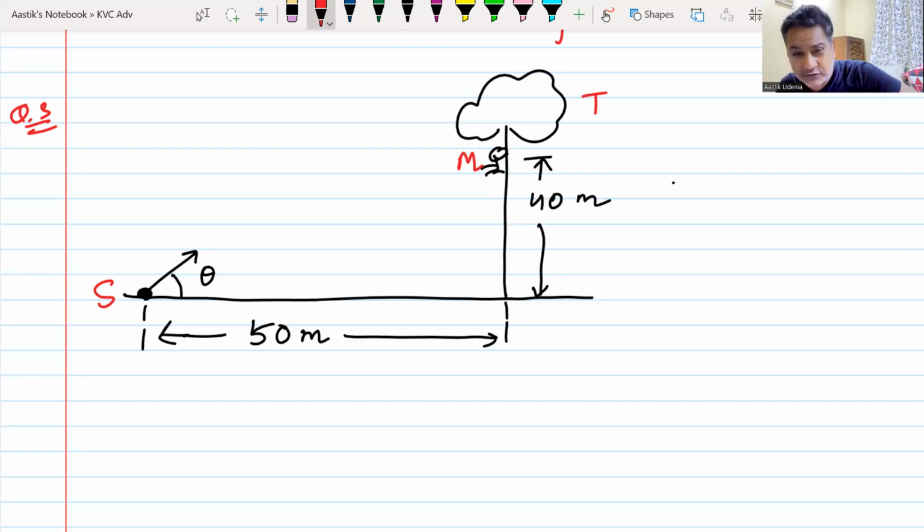And the acceleration due to gravity is 10 meters per second square. You have 2 minutes to tell me the answer.